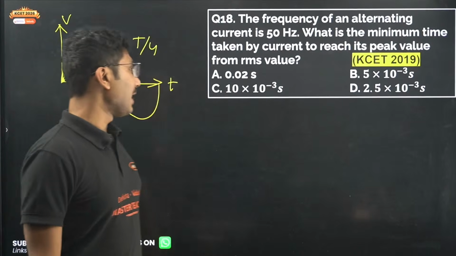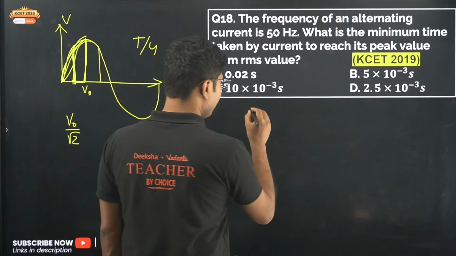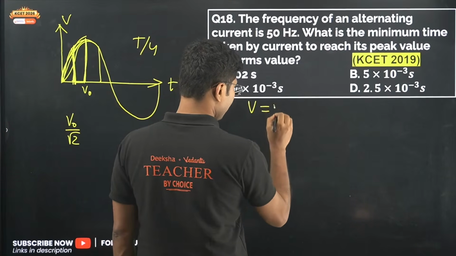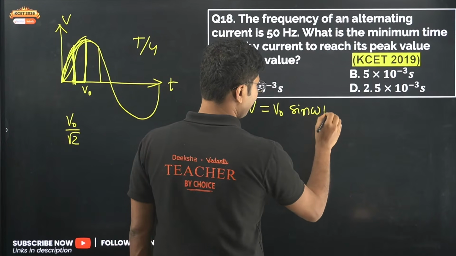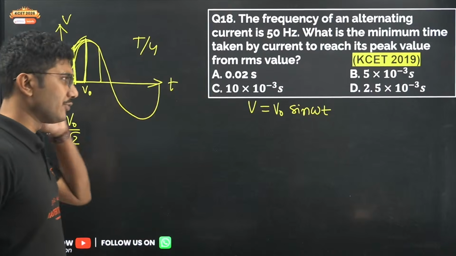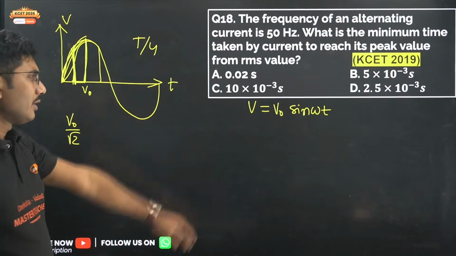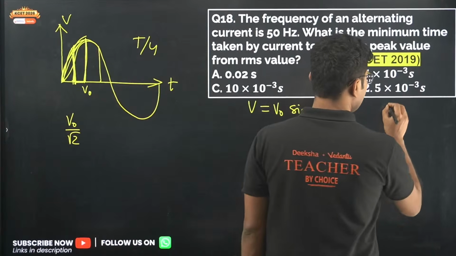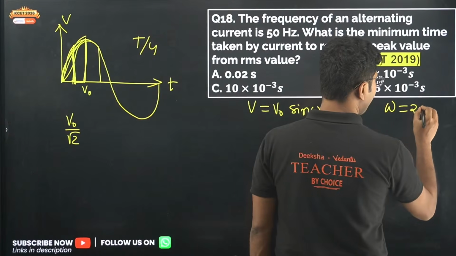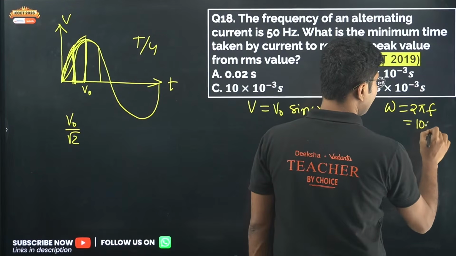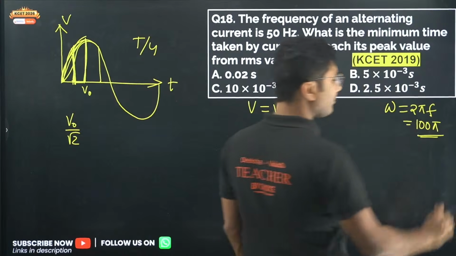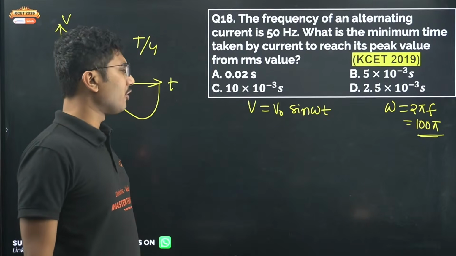For that we will be using V equals V naught sine omega t. Omega is 2 pi f. The f value is given, so it is 100 pi. Don't worry about it, it can be solved easily.